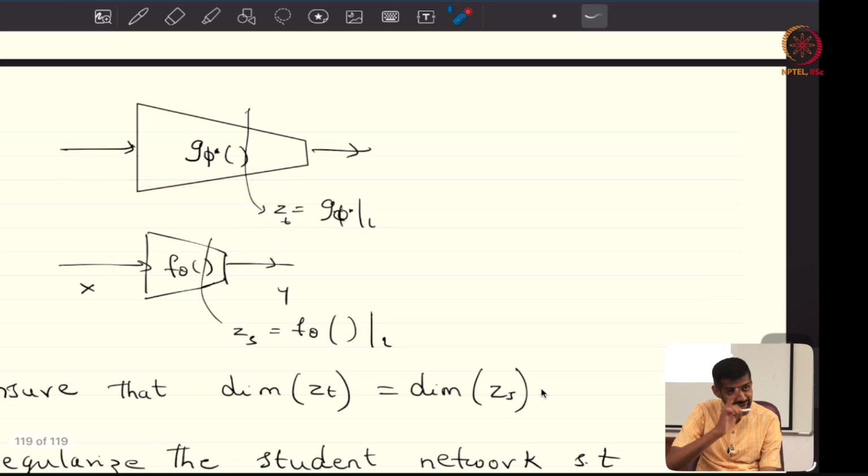You have to use the same data and pass it through the student network, do a forward pass, collect Z_S, and then do one batch of backprop and update the parameters. Repeat it iteratively. The teacher outputs won't change, so you can store them. But if you do one backward pass through the student network, the parameters change, so Z_S changes. So you recompute the divergence, backpropagate, and do multiple iterations.